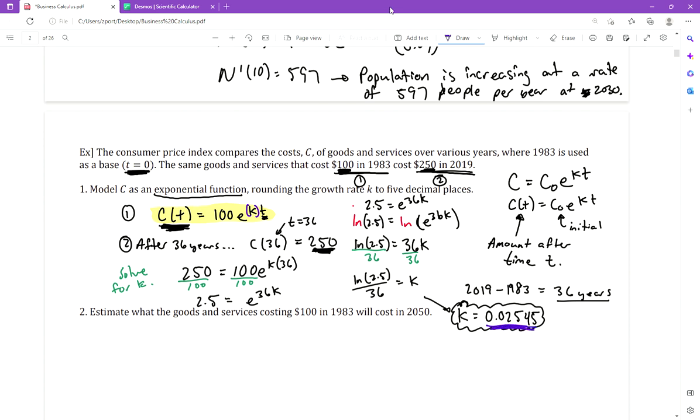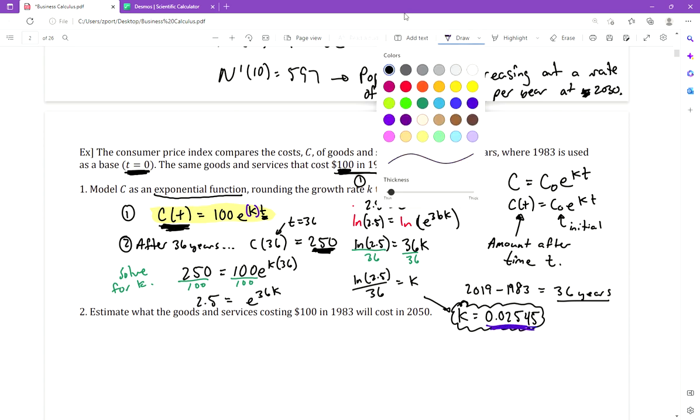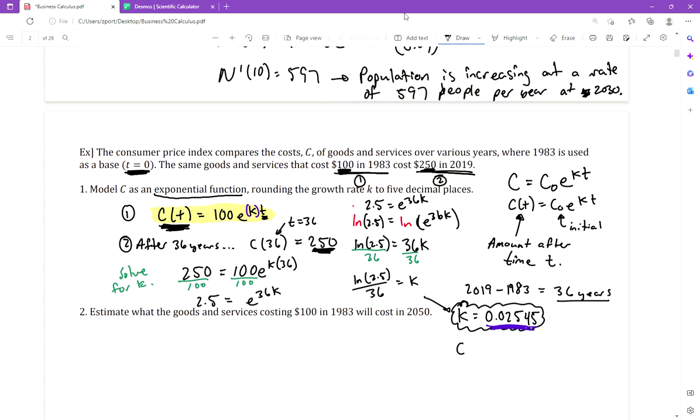And that would be our final answer for this first step. Okay, so we've got c of t is equal to 100 e to the 0.02545 t. Okay, so it crowded number 2 a little bit, but there we go.